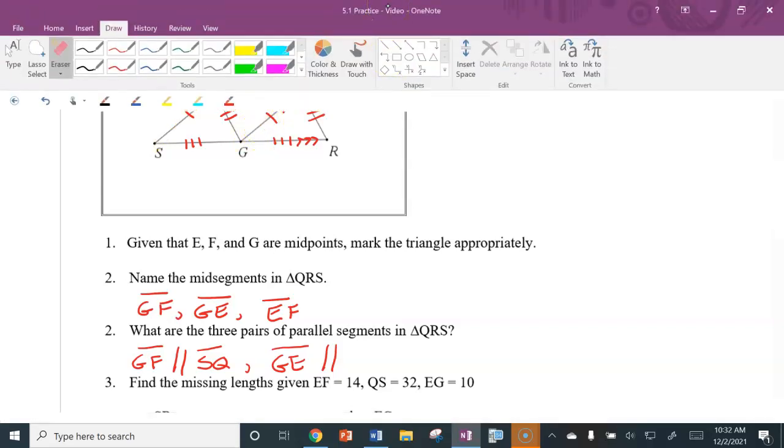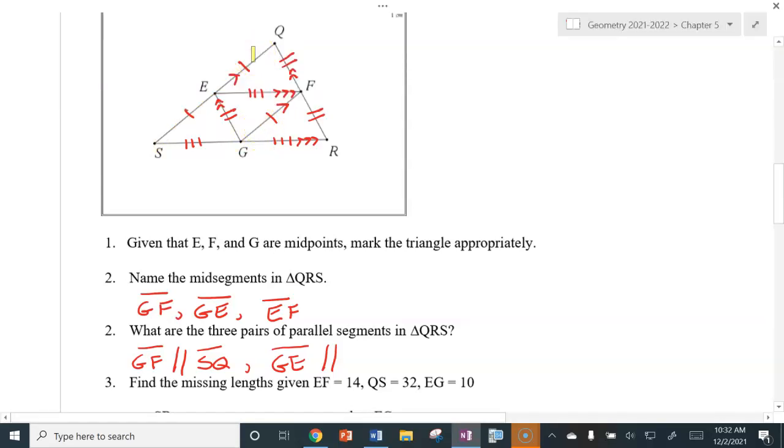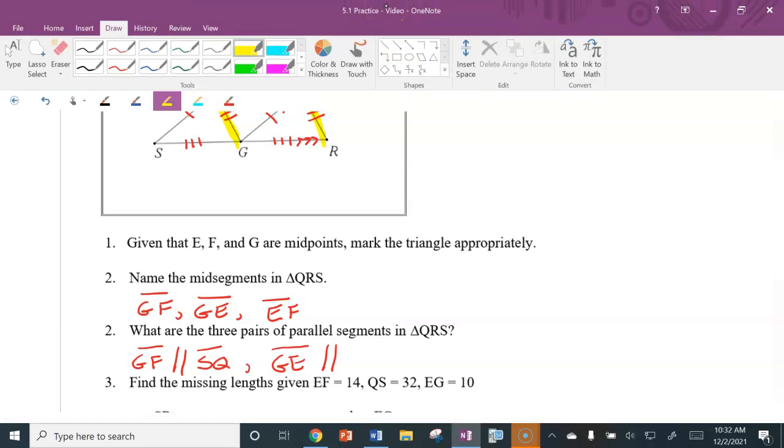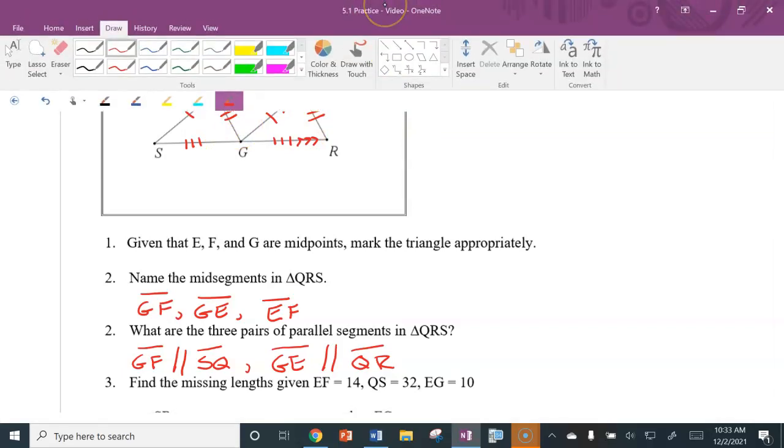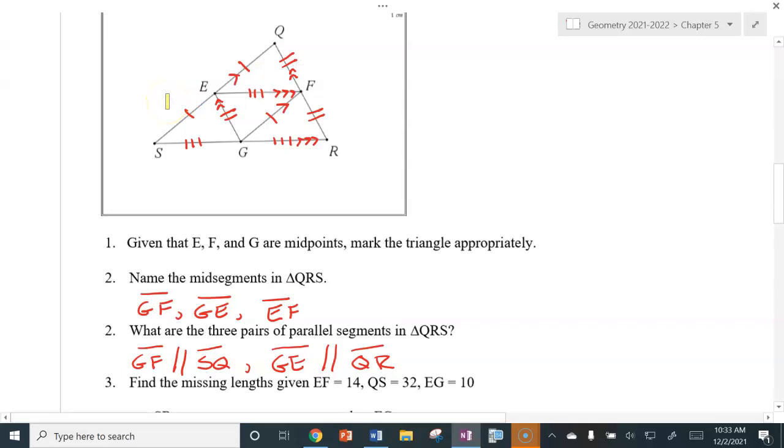That one is line segment QR. And our last one is line segment EF. So it's parallel to line segment SR.